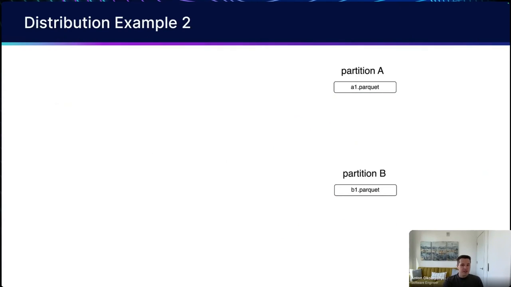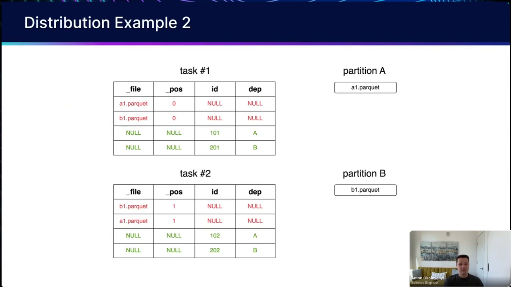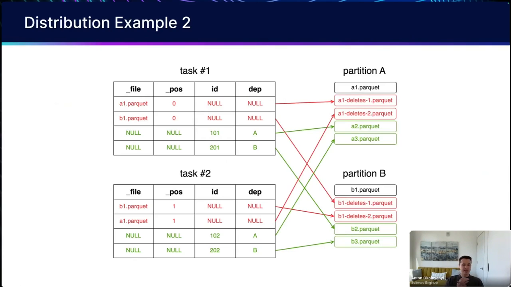So the number of files will be reasonable. But unfortunately, that's not how the data is always distributed. We sometimes don't know how that's done, and it can happen that your data is all over the place, that each task may have some changes for each partition of the table. And if that happens, the number of files that you will produce will explode.